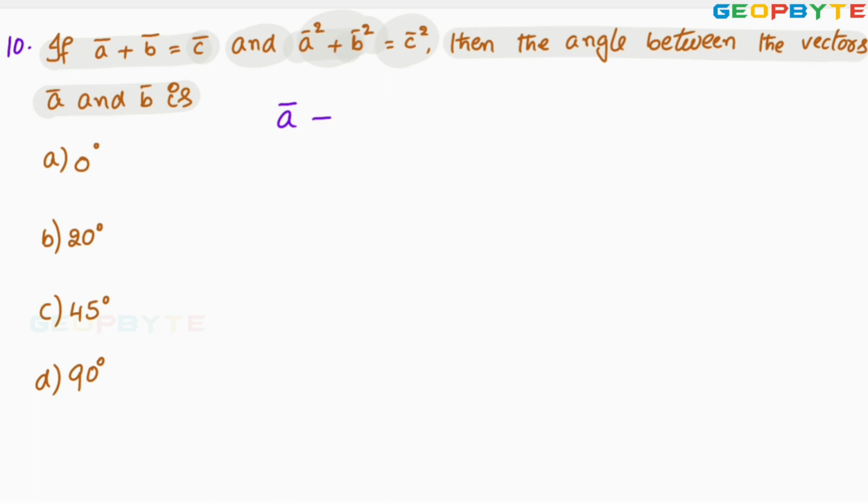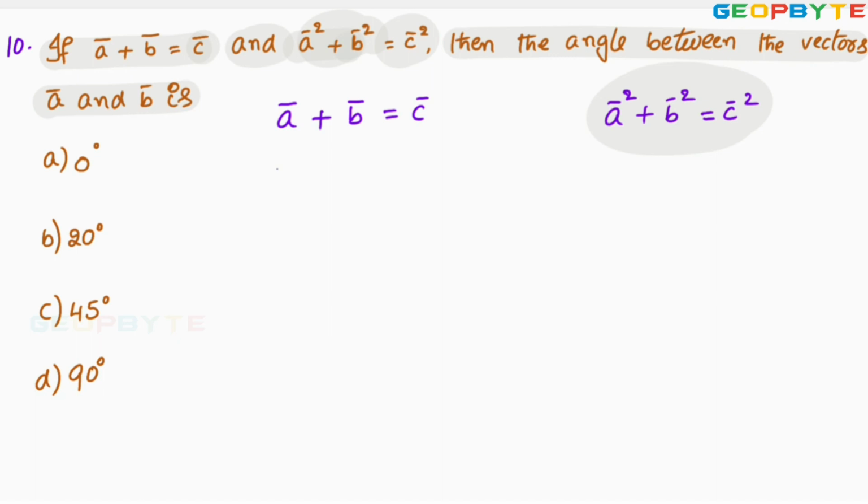Vector A plus vector B equal to vector C. And one more condition is given, A square plus B square is equal to C square. So these two conditions should be satisfied while you are getting the answer. It can be written like this.